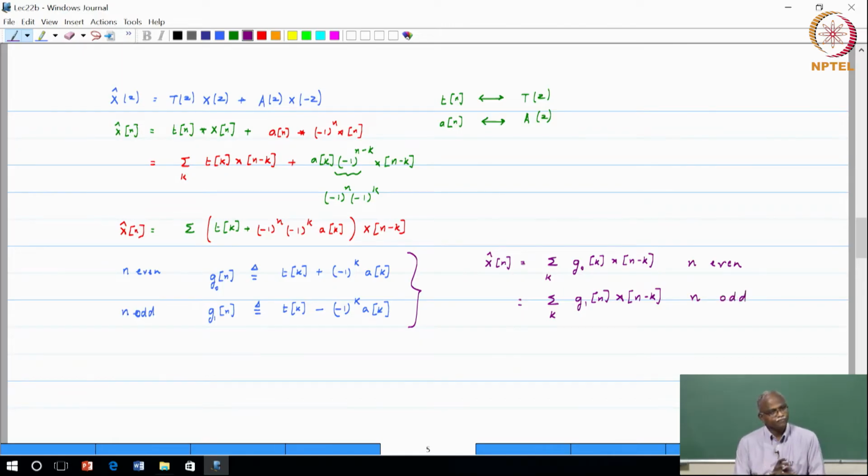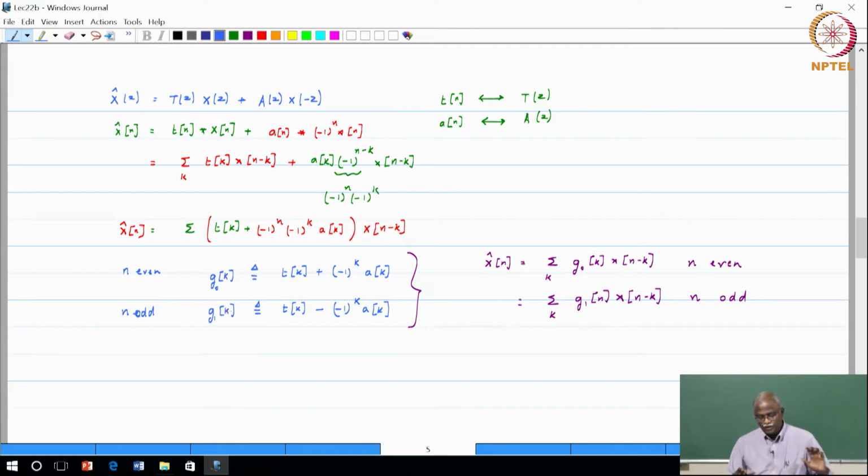Do you agree with that? Basically, you get a different sequence when n is even and when n is odd. Sorry, this is g naught of k, absolutely correct, this is g naught of k.